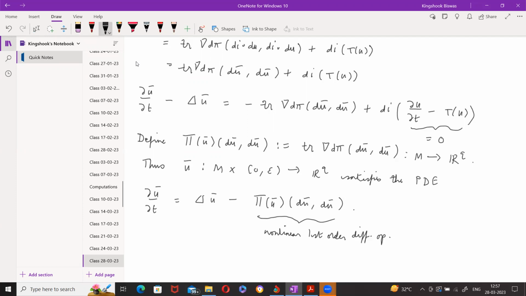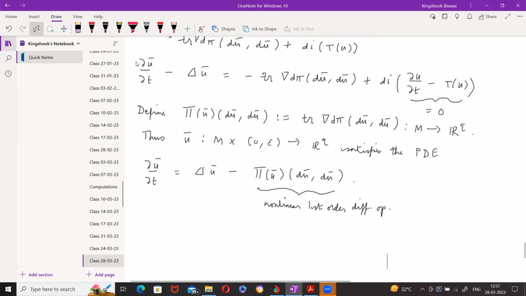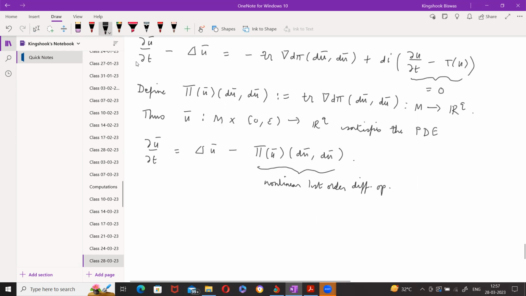This nonlinear heat equation. Now, what I want to prove conversely is that if I start with a solution of this PDE, and suppose at time 0 it takes values in I of N, then in fact it comes from a solution of the harmonic maps heat flow. Okay, so let me call this equation double star.